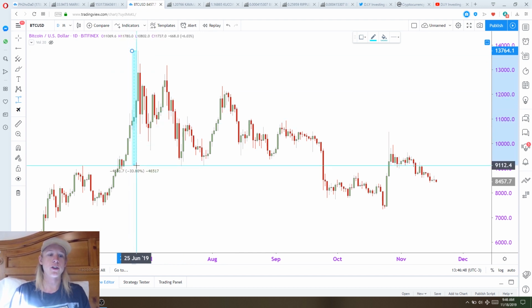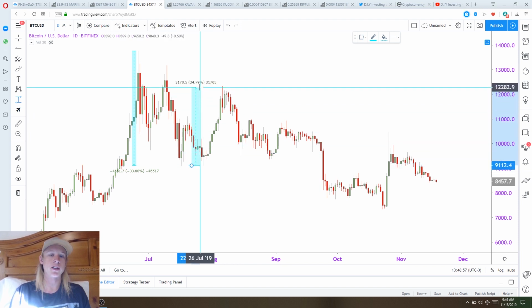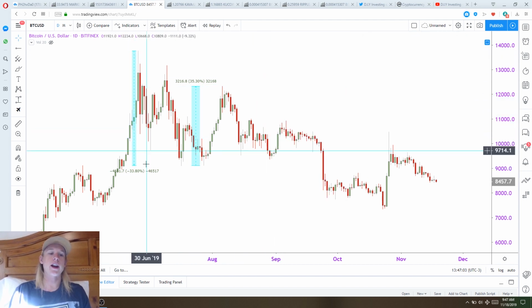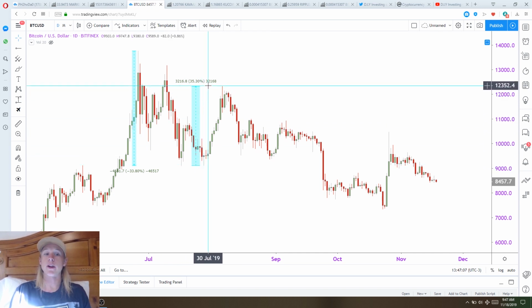That was about a 33% drop, right? What was interesting is that from the bottom of that drop, we saw an immediate bounce and rally in the bull favor, which was about 35%. So this reaction on the downside created almost the exact opposite reaction on the upside.